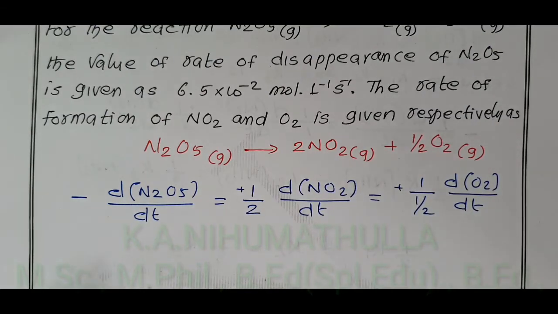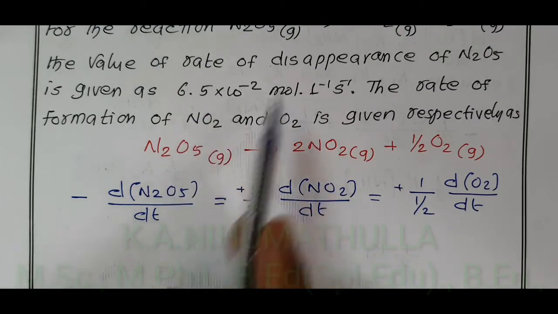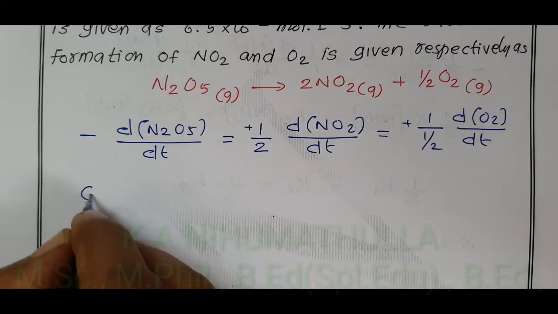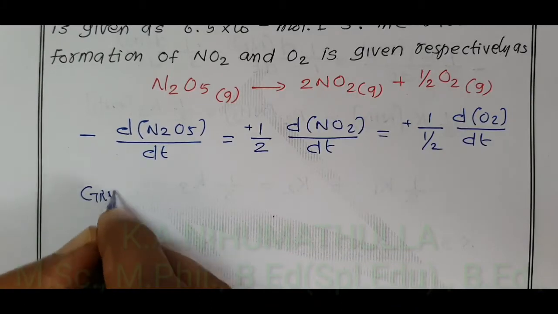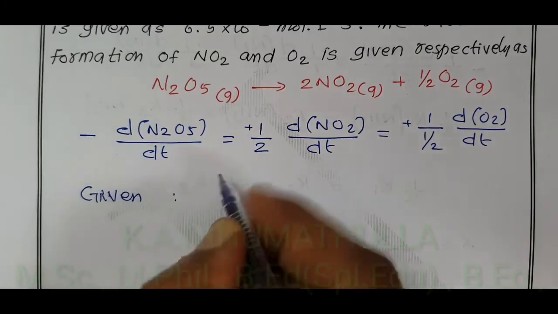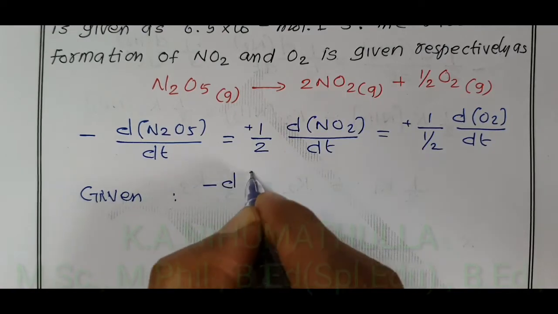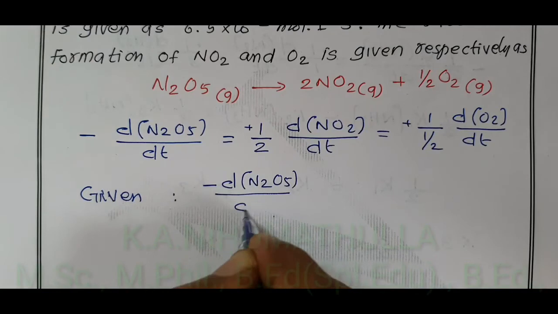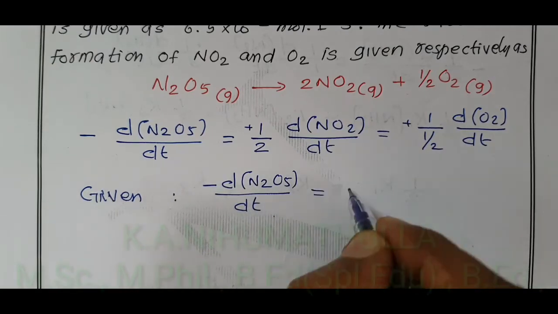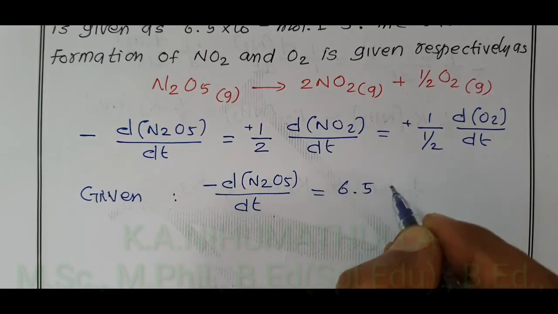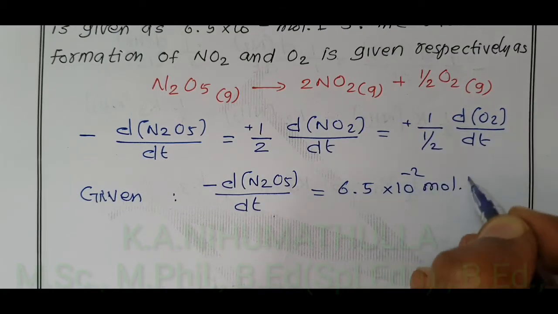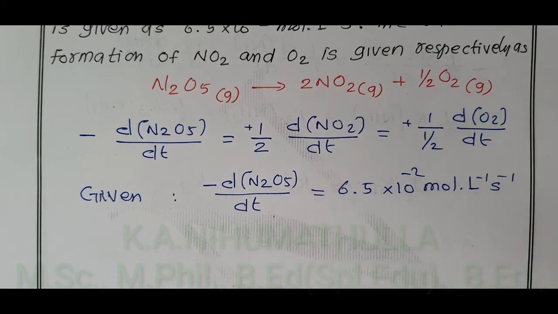Which value is given? The disappearance of N2O5 value is given. So, given value is minus d of concentration of N2O5 by dt is equal to 6.5 into 10 power minus 2 mole liter power minus 1 second power minus 1.